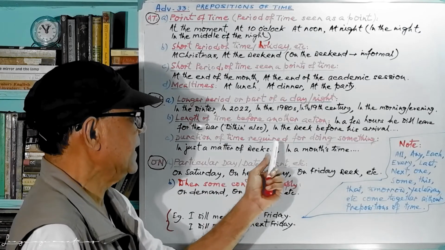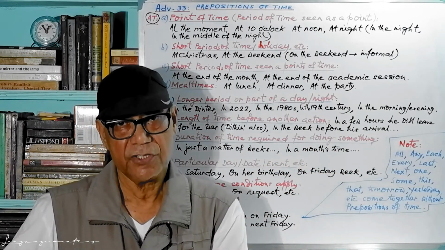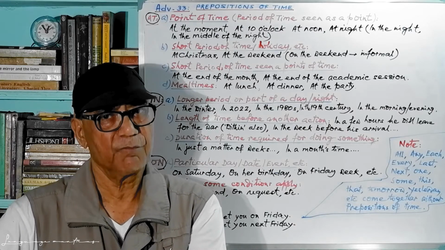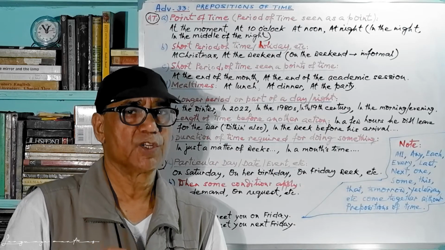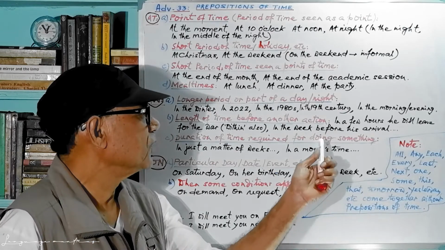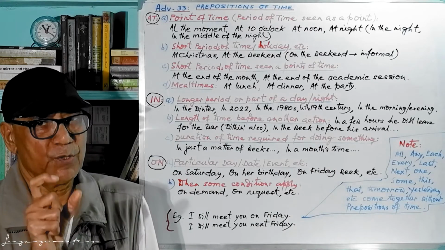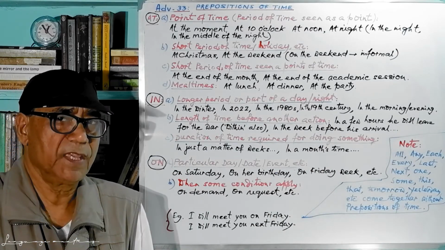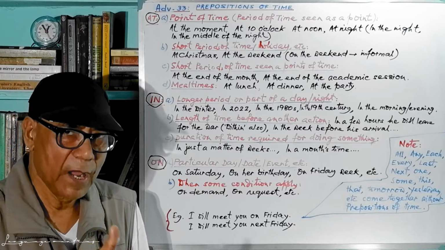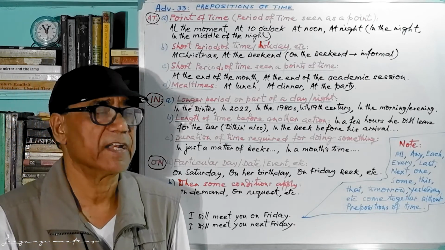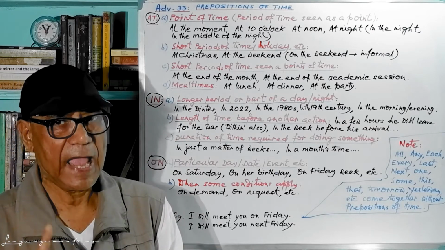Another example, in the week before his arrival, there was an accident. Some incident took place in the week before his arrival. So you see, something happening before a particular time or after a particular time reference. In that case, we use in, not at.